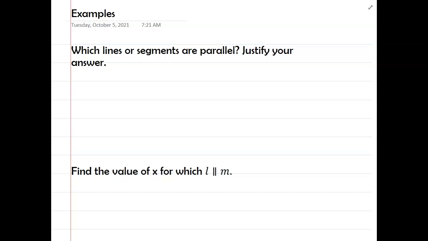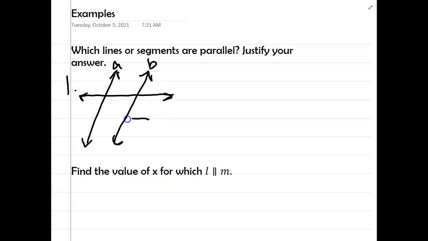So, first two, we're going to use the picture to decide, with this given information, which lines I can conclude are parallel. Okay, so number one, we're going to have lines A and B that are almost semi-vertical, and then horizontal lines N and M. Okay, so the diagram looks something like that, and then I'm going to give you a set of congruent angles.